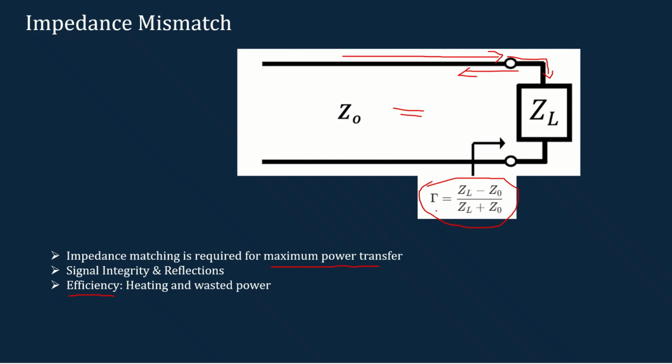So let's assume we have designed an antenna and consider its impedance. In a system, we know that usually the characteristic impedance of the transmission line is 50 ohm.